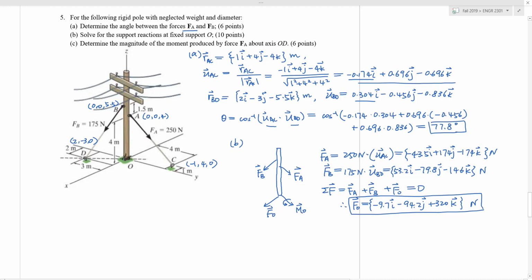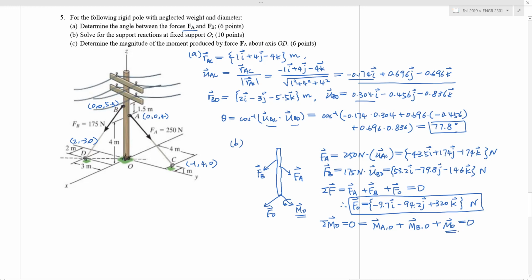Now moving on to determine the resultant moment, we can write our equation: resultant moment about point O equals 0, and that equals the moment caused by force FA about point O plus the moment caused by force FB about point O plus the unknown support MO, that is the support reaction provided by the fixed support at point O, and that has to be 0.